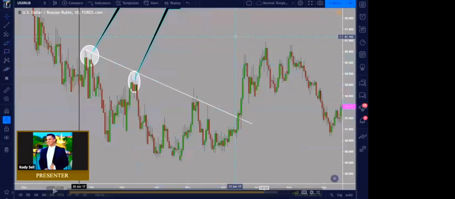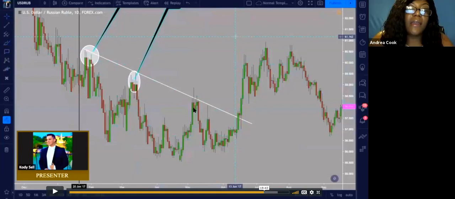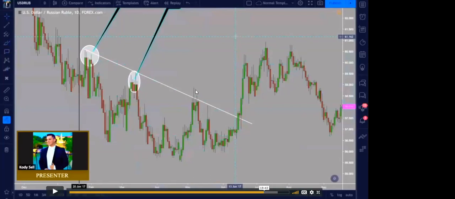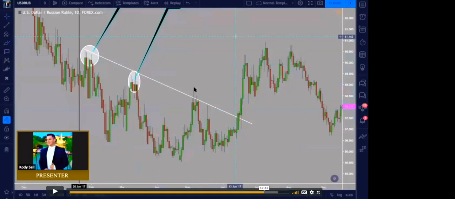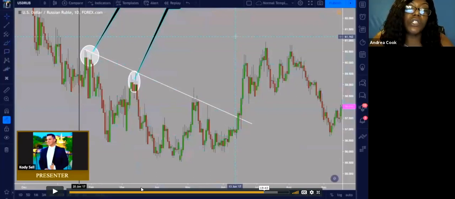Yes, I understand what that means. I'm just not sure I understand the significance of it yet. The significance is that price came all the way up here. It didn't sustain and stay, but it shot all the way up here, and we need to know that. That's important to know, so that's why we would change this trend line.